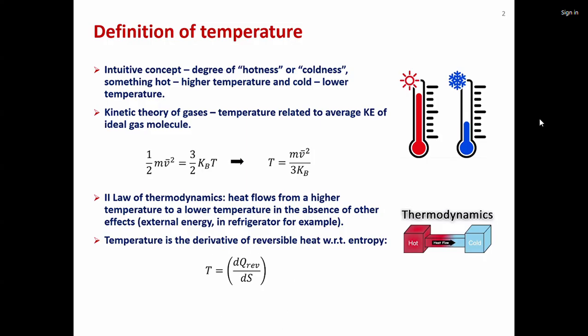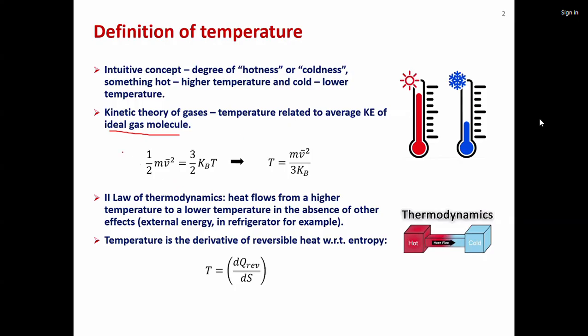First, you could define temperature from the kinetic theory of gases. You can say that temperature is related to the average kinetic energy of ideal gas molecules. In a gas, the molecules are in a random state of motion, and the molecular velocity is indeed a function of temperature.